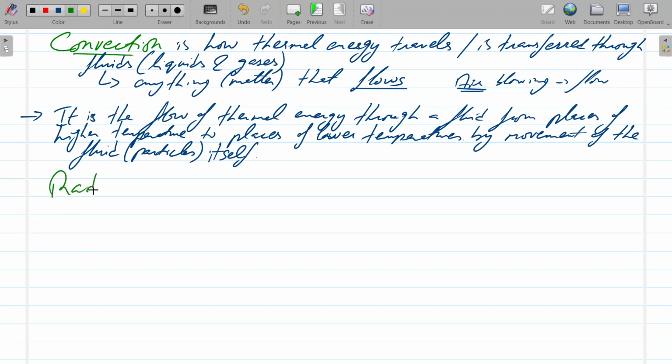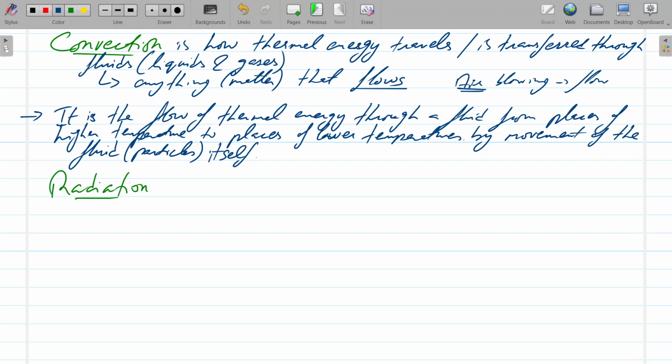So, radiation. Radiation is the third way in which thermal energy is transferred.